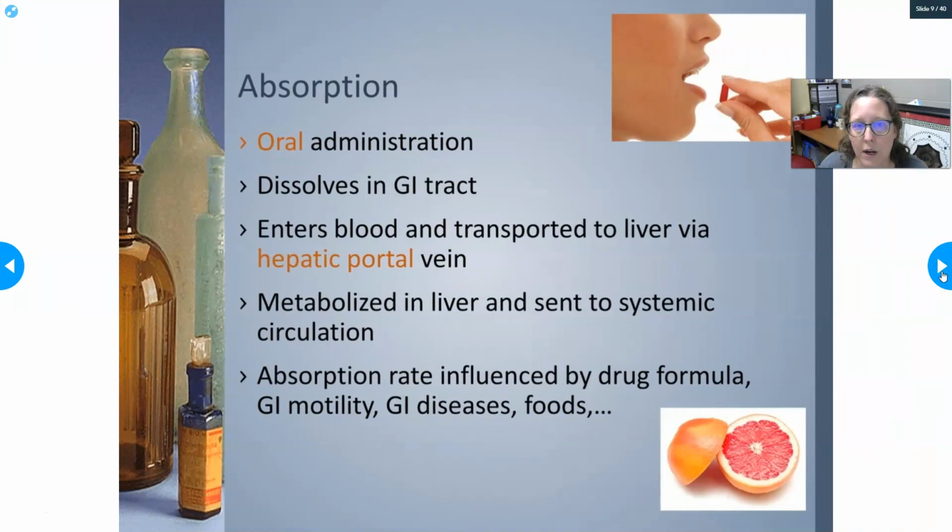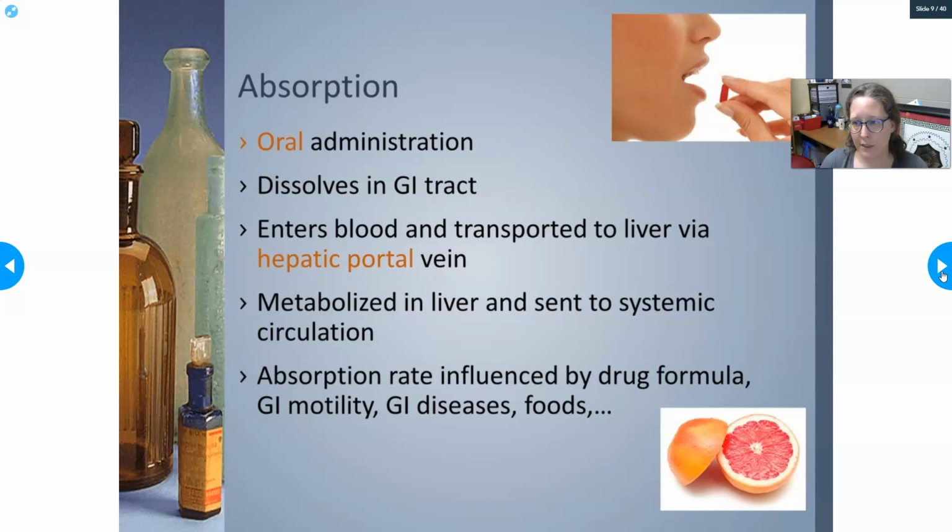All right, so absorption of the drug. A lot of drugs are given orally, so they're pills that you have to take, and they would dissolve in the GI tract and enter the blood, and it usually goes straight to the liver because you have the hepatic portal vein, the portal circulation, which links the GI tract straight to the liver.